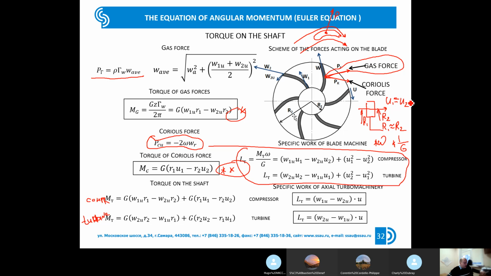So what we are doing right now. One second. We received the equation for the specific work of the turbomachinery, and we received it in two ways, and we received a little bit different equations.